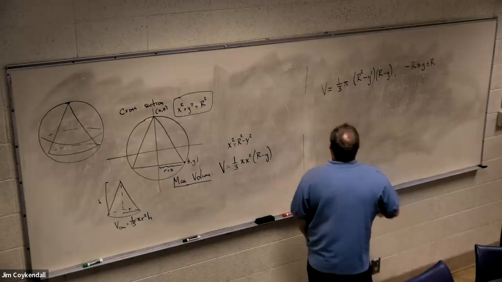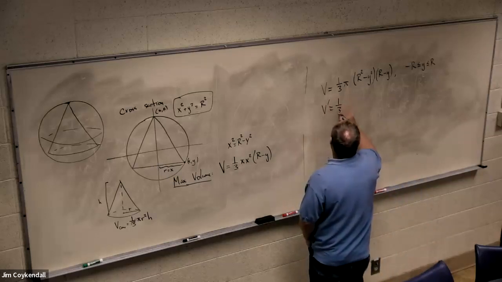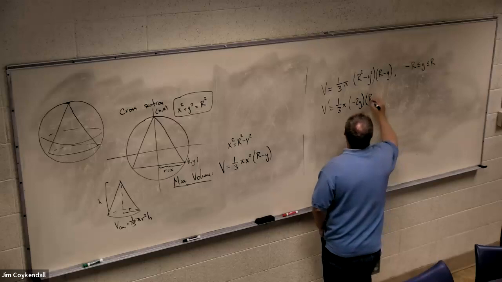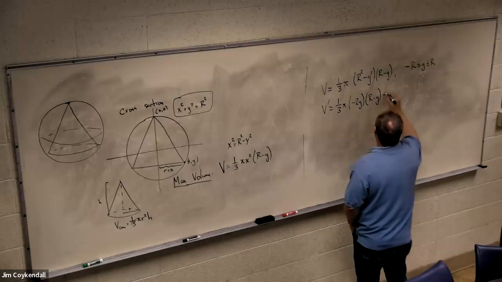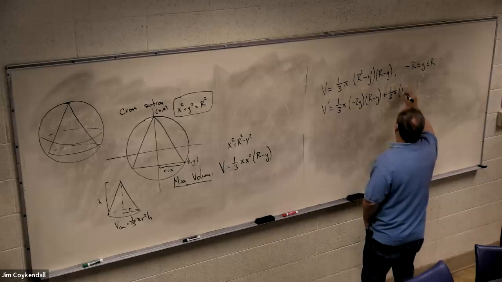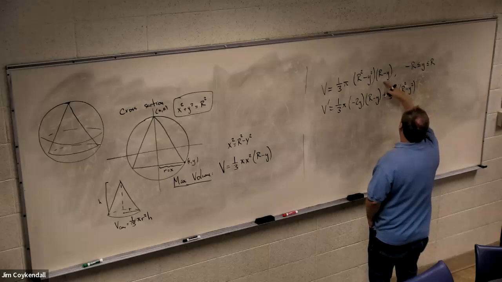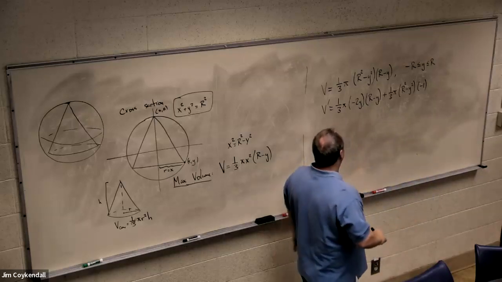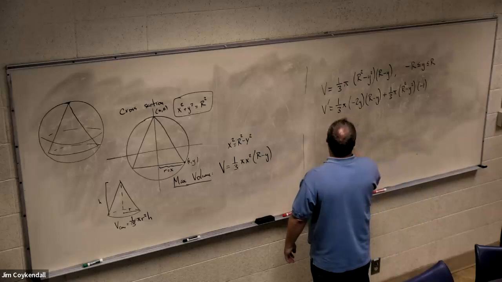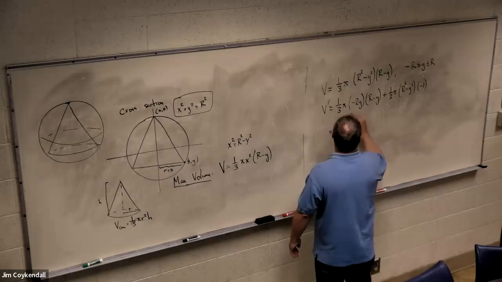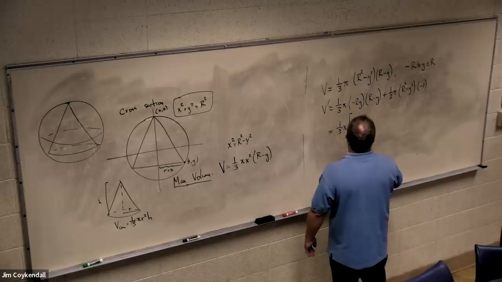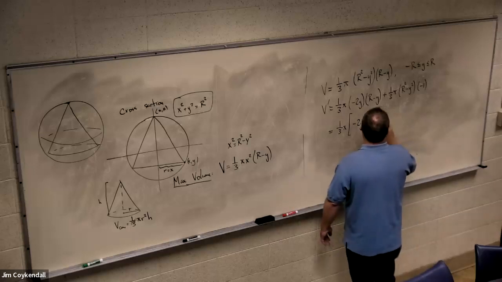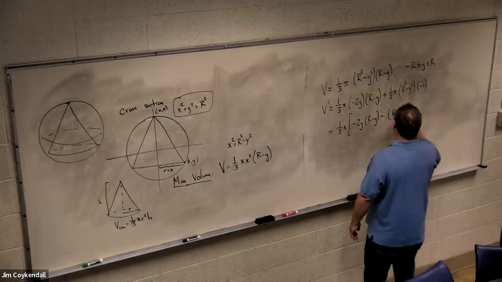Now, let's take a derivative of this. The derivative of this is minus 2y times R minus Y, plus R squared minus Y squared, the derivative of this, which is negative. So I'm going to pull out 1/3 pi.